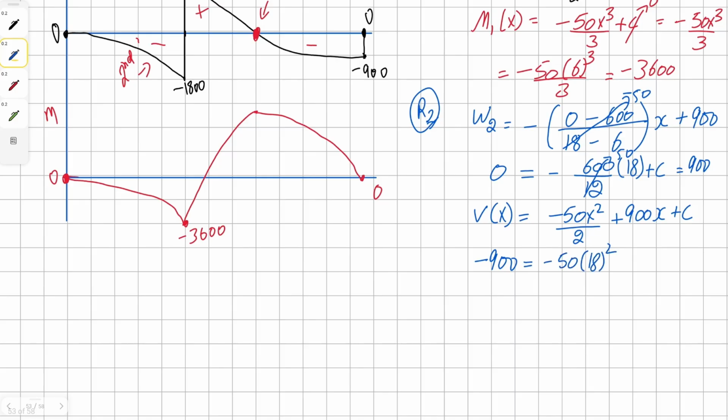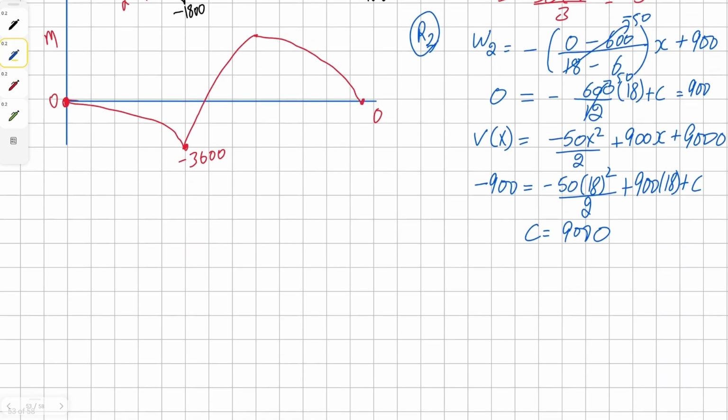We can take any point, but I just took this because it was one of the easiest. Times 900 times 18 plus constant. Our solution for constant is 9000.